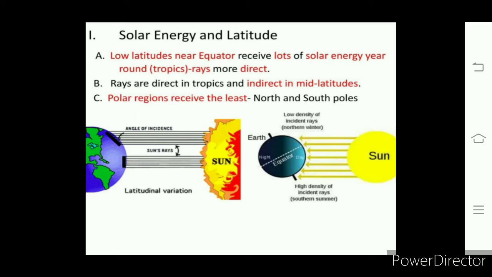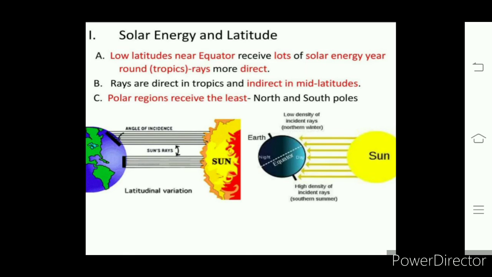You know that at lower latitudes, that is near the equator, Earth receives a lot of solar energy as sun rays fall directly there.